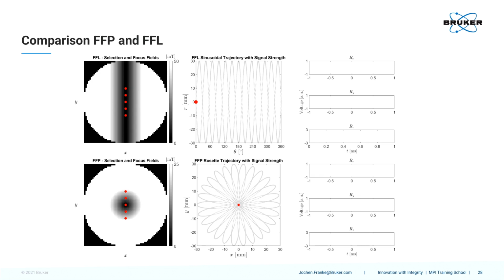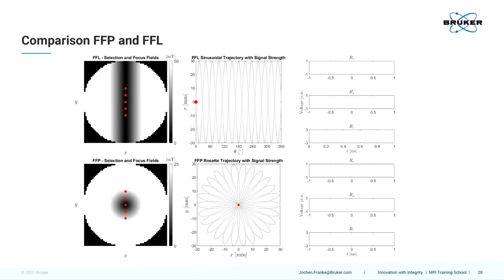But here in this animation, first of all, I show you the difference between the field free line and the field free point. We have these point phantoms here, and with the field free point we go through this field of view by a Lissajous trajectory and acquire the signals according to time. This is just a time course here.